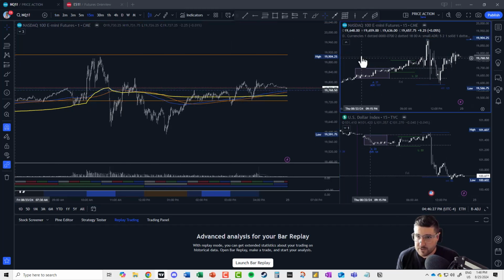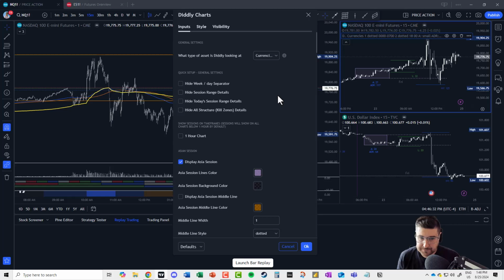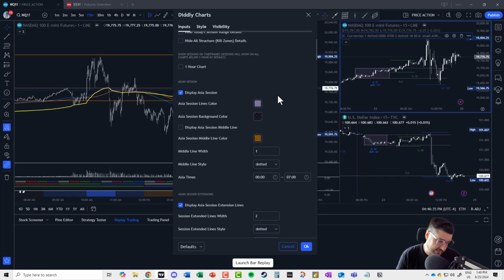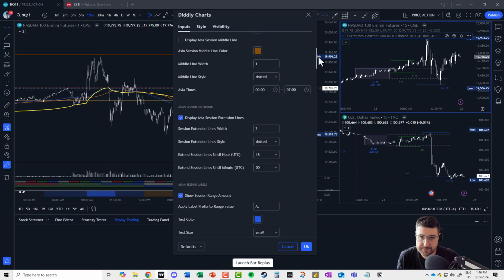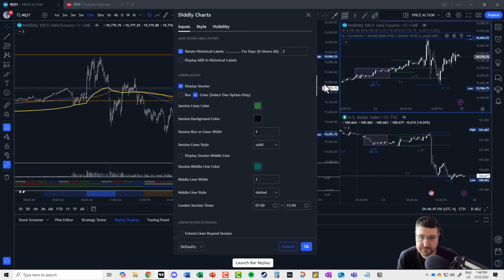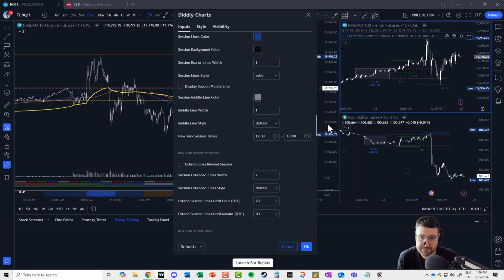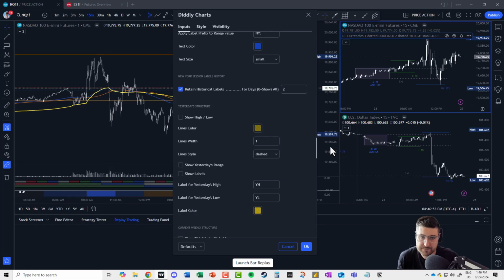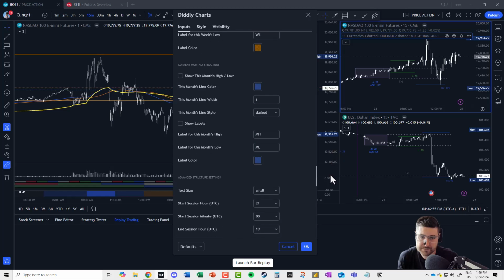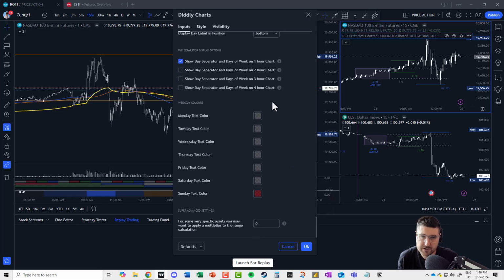So I add on this indicator right here, diddly charts. And I'll just scroll down so you could see all my settings on this, but hopefully you could just pause in between if you want to copy the settings.